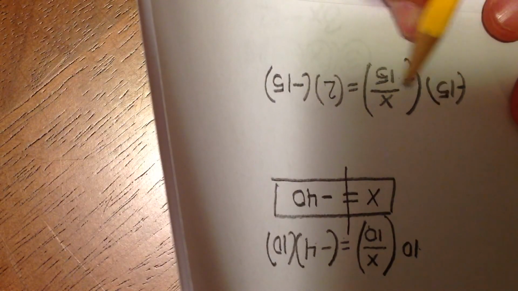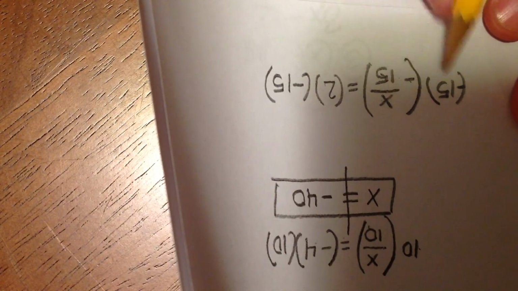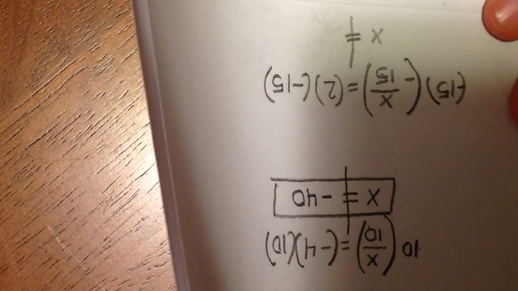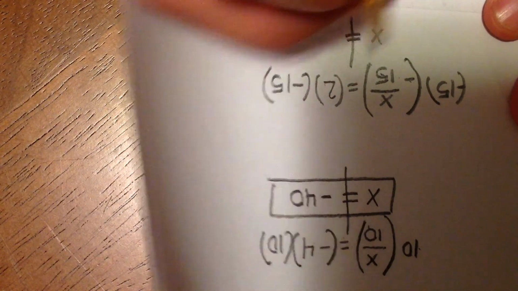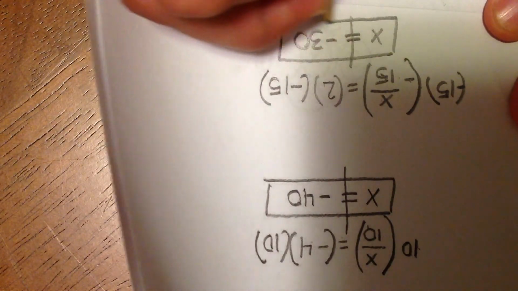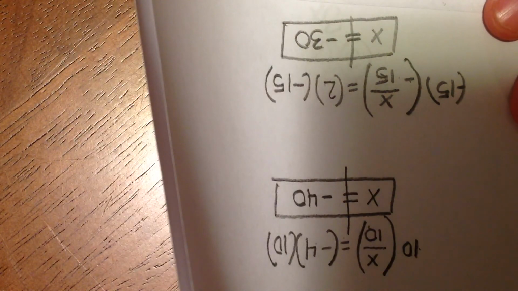So negative 15 divided by negative 15 is 1. That leaves me with a 1x, or just x. And then on the other side, I'm going to multiply 2 times negative 15, which is negative 30. So I've isolated the variable in every single one of these examples, which is the goal of solving equations.